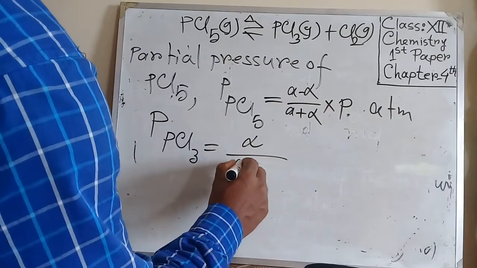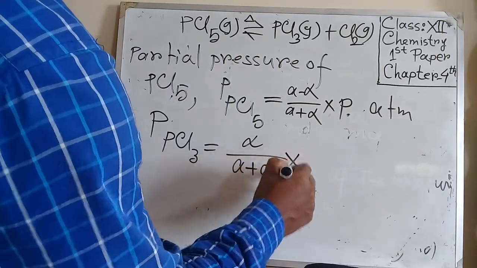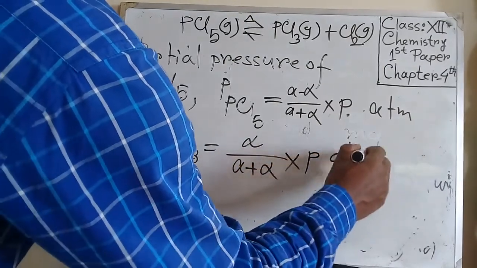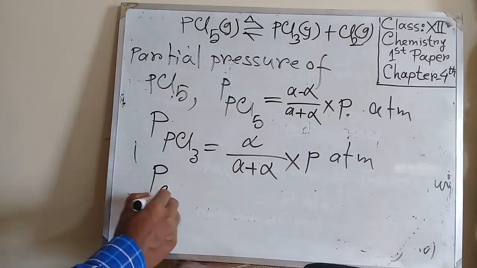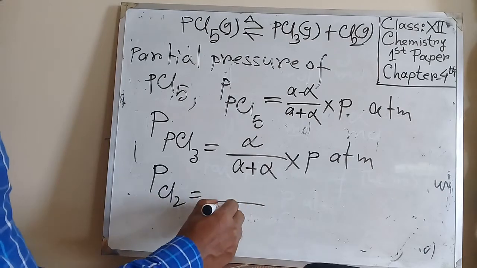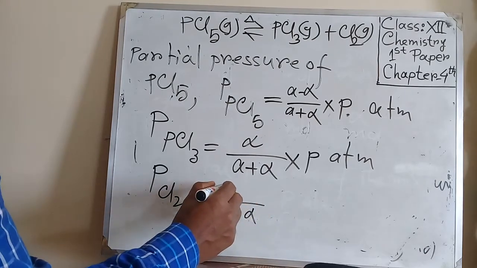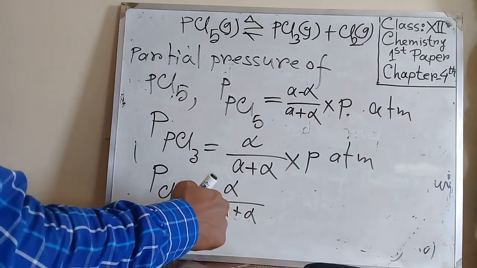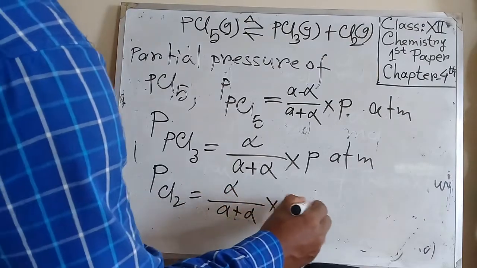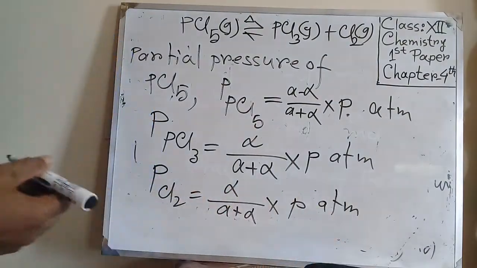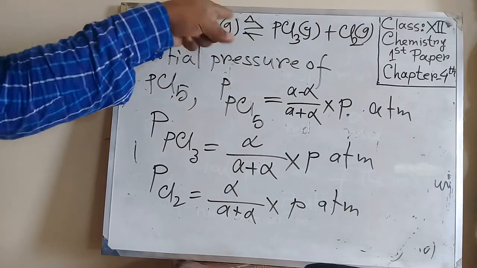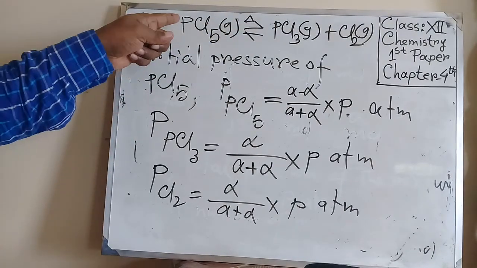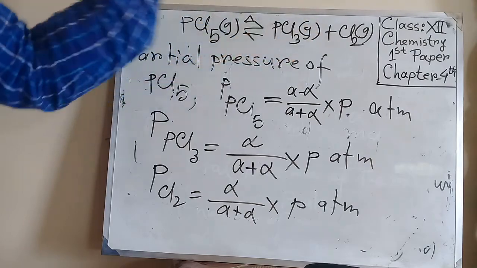So we'll divide by A plus alpha into P atmosphere, and similarly the partial pressure of chlorine equals alpha divided by A plus alpha into P atmosphere. So we have found the partial pressure for all of the components: phosphorus pentachloride, phosphorus trichloride and chlorine.